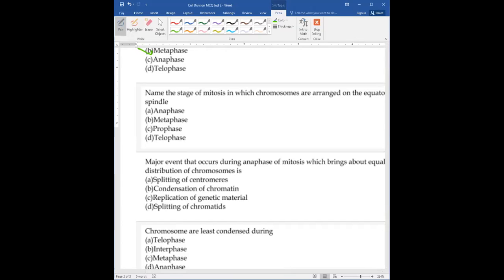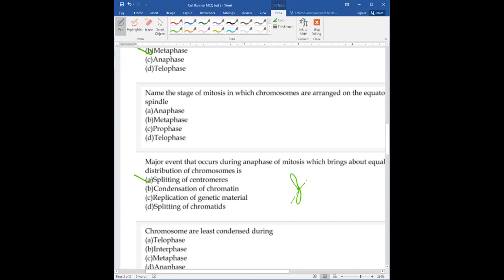Okay, guys, what is the answer? There are two options I said which are close. One is splitting of centromere, and second is splitting of chromatid. But guys, what is the right answer? Splitting of centromeres. Because if I say there is splitting of chromatids, who knows how the chromatids are splitting? We don't know.